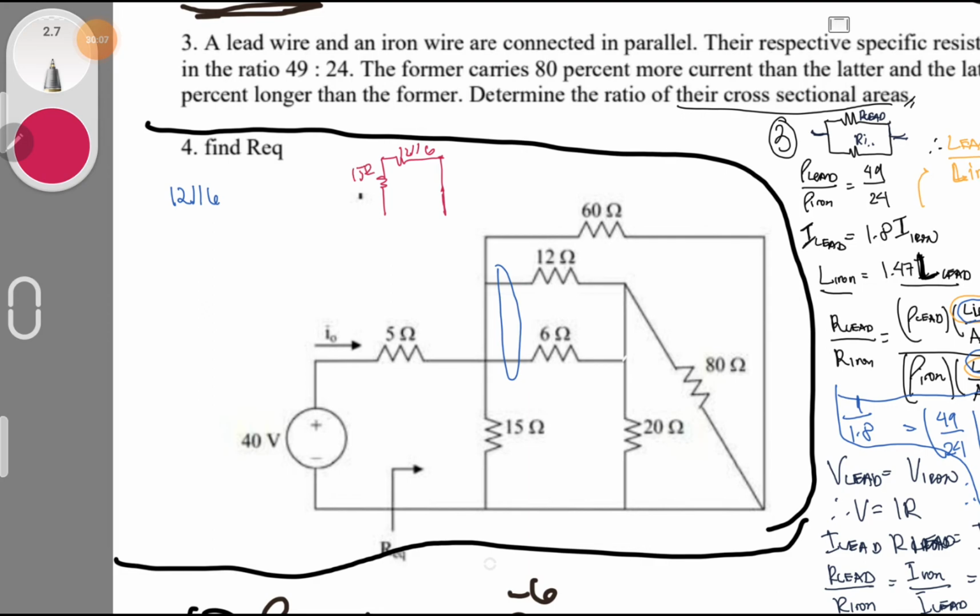Ayan. And then, you can see that since nakaparallel tong dalawang to, yung 80 natin, okay? Yung 80 natin is in parallel with 20. So, 80. So, this is 20. Nakaparallel yung 80 natin. So, magiging ganyan yan. Okay? And then, yung 60 natin.